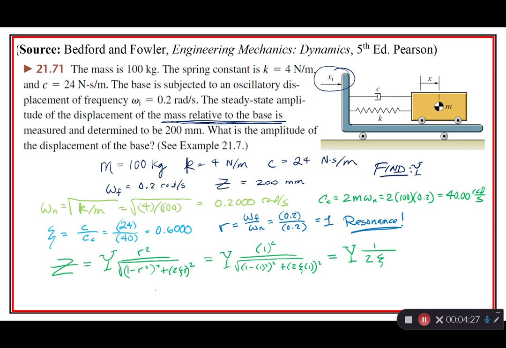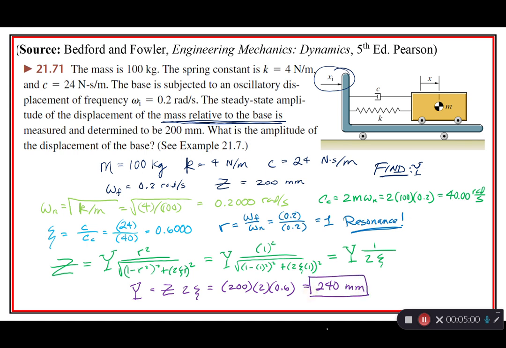So what we're looking for in this problem, we're looking for Y. So that's going to end up equaling Z times 2 squiggle. So if you take 200 millimeters, multiply it by 2, and then you multiply it by 0.6, you end up with 240 millimeters.